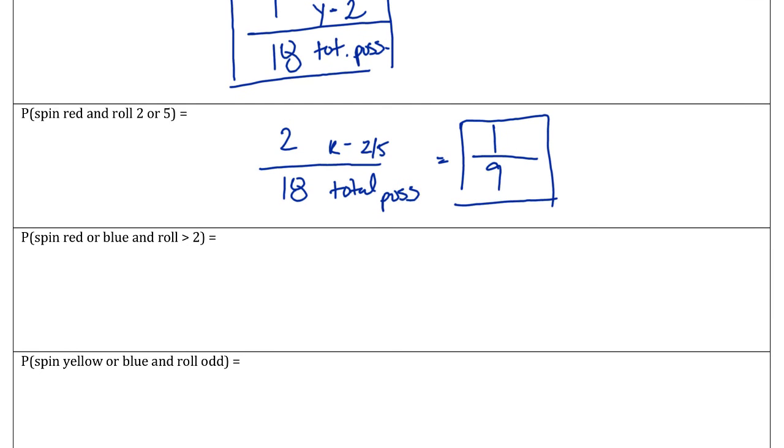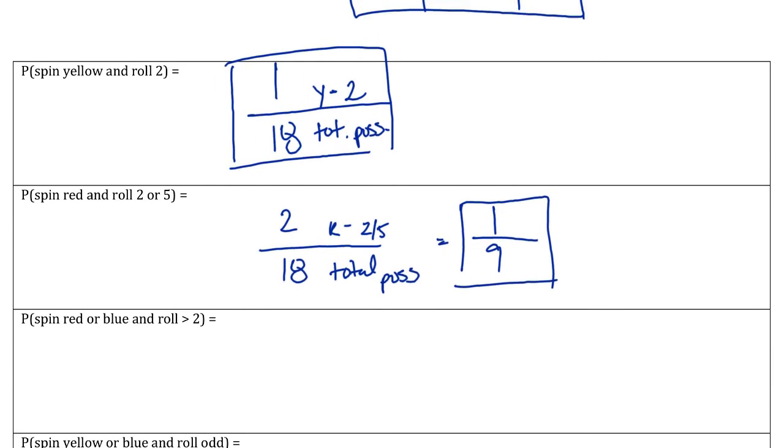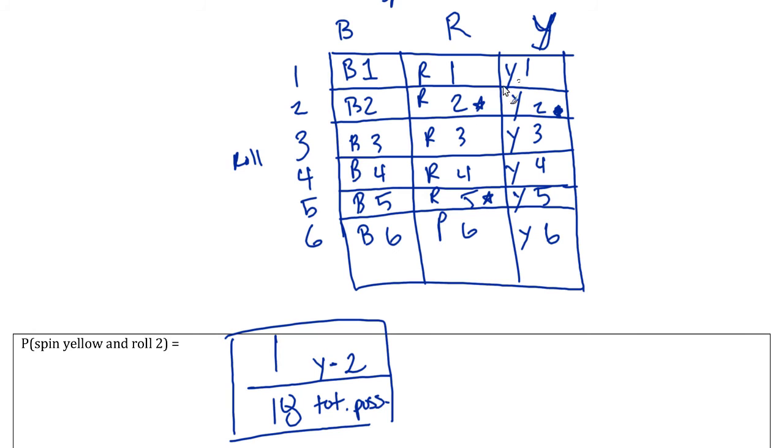Okay, spin red or blue and roll a number bigger than 2. So red or blue, a number larger than 2. Blue larger than 2, four times. Red larger than 2, four times. 1, 2, 3, 4, 5, 6, 7, 8.